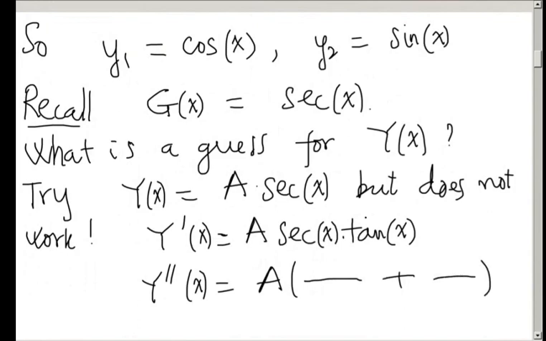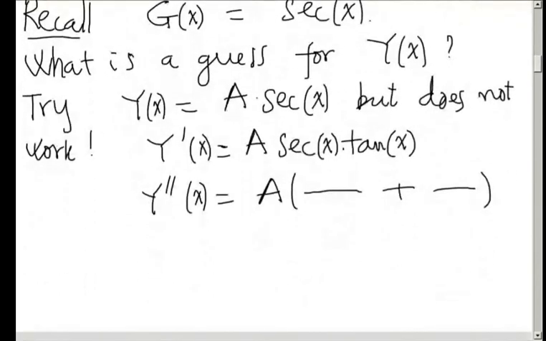So when we plug in, we try to get secant of x on the right-hand side, it won't work. In fact, later on, when we get the final answer, you would definitely say that it's impossible to guess the correct format for capital Y.